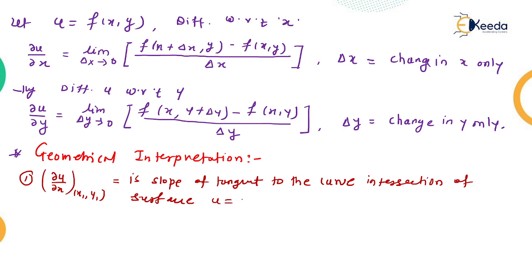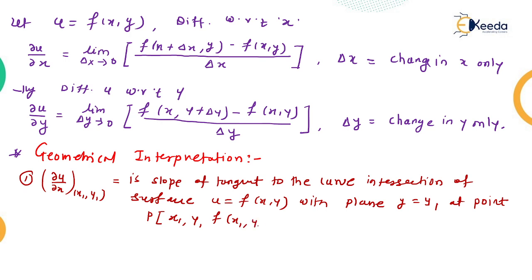That is, the surface is u, a function of x y, with the plane y is equal to y1. It is very important to understand that this is at a point P of x1 comma y1, and the value of u there is f of x1 comma y1.